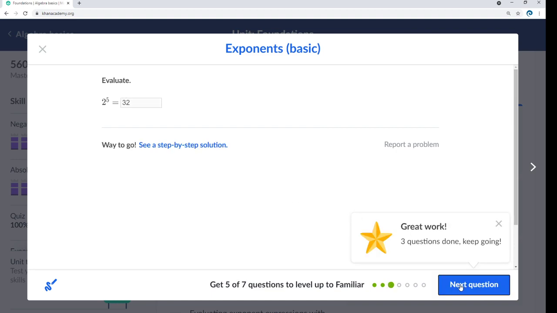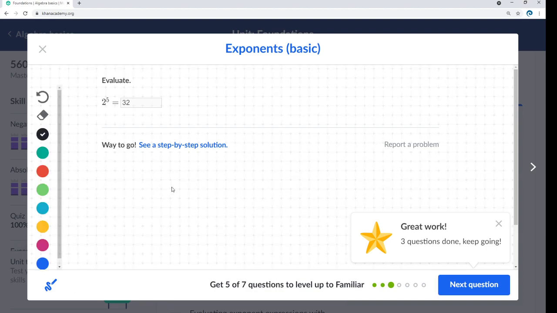I think. Oh my gosh. Oh my goodness. So yeah, you're multiplying the result as you go. I don't have a drawing pad, so I'm doing this with a mouse. So 2 to the 5 is basically 2 times 2 times 2 times 2 times 2, right?